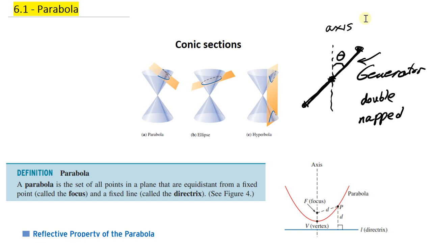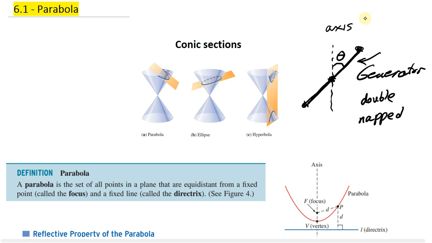So relative to the angle of the generator, the surface crosses, for instance, here, and it looks like it's crossing at an angle that is most likely greater than the angle of the generator, which is that theta that I have here. So when that is the case, of course, don't worry about the angles here. I'm just trying to state how these various shapes could occur relative to the generator.